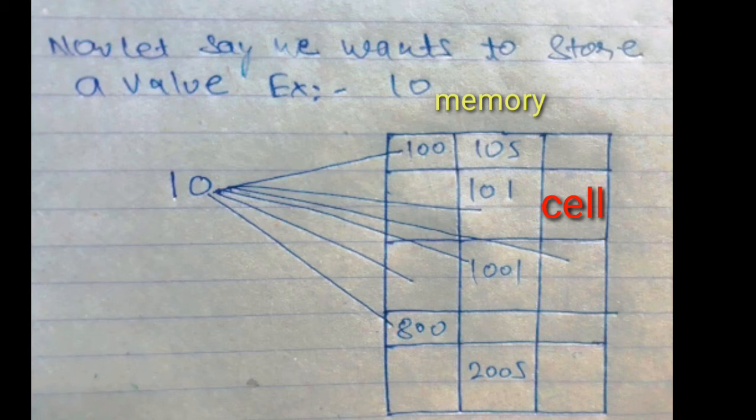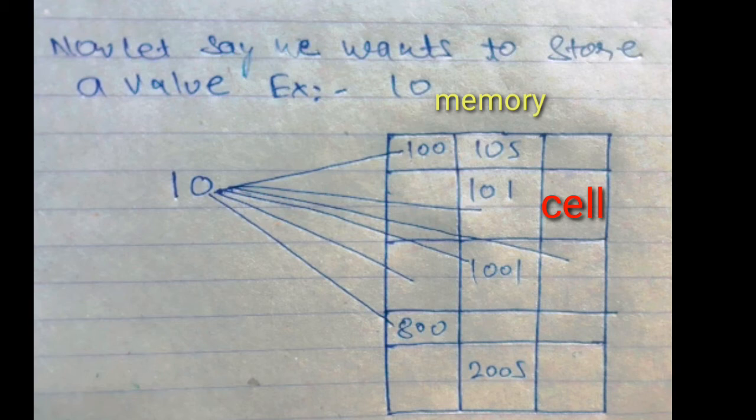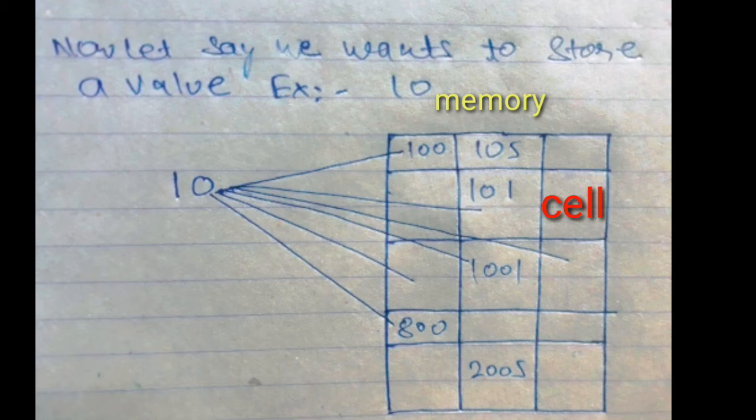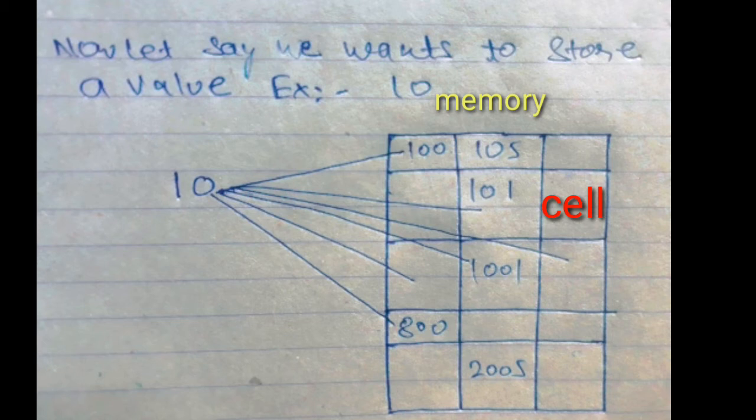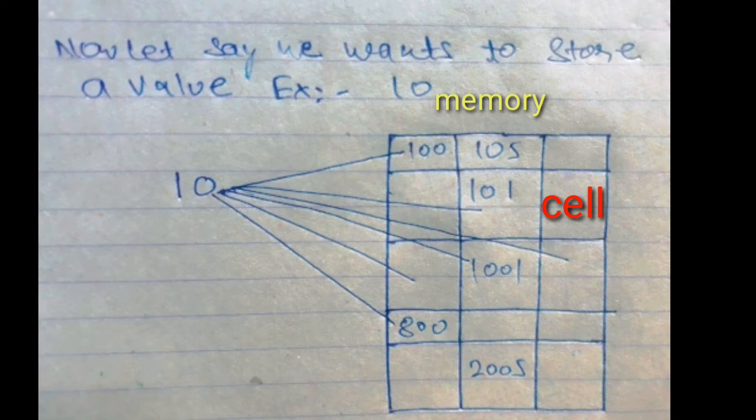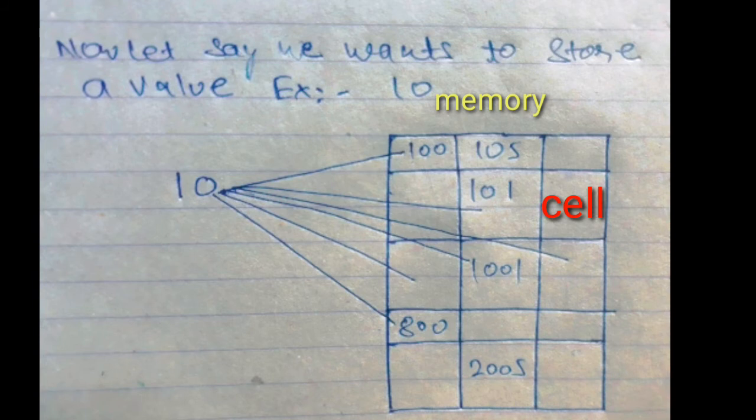But what happens when you try to access your data? You have no idea at which memory location your data is actually stored, whether it's 101 or 105, because you have no idea what is going on internally inside the memory, and you would not open it to see where your data is stored. So to access or retrieve your data is very difficult, next to impossible.